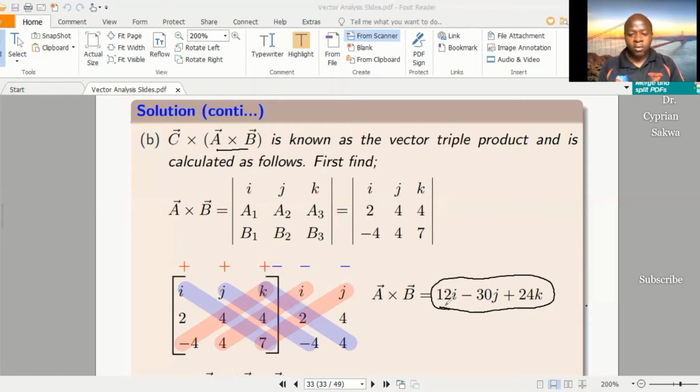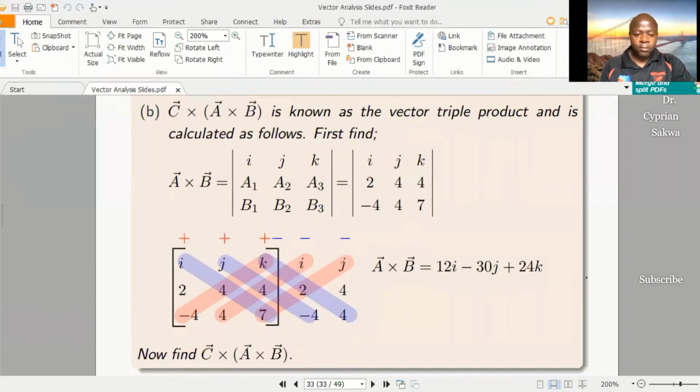So once I have A cross B as this, I now want to find C cross this. So that is my next step. C cross that. That's what I've written here.